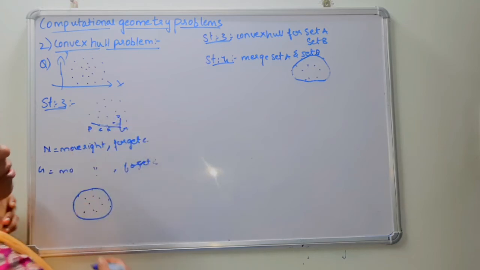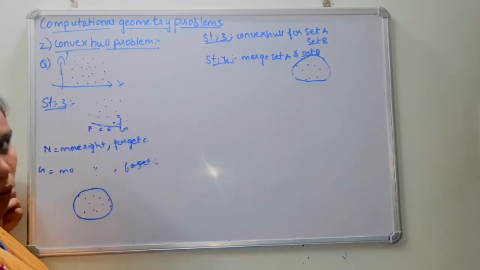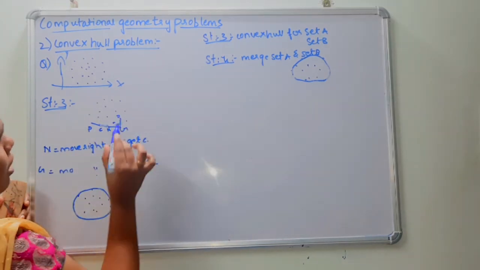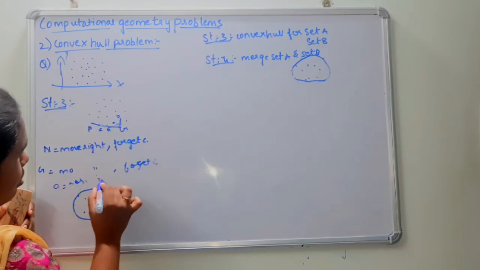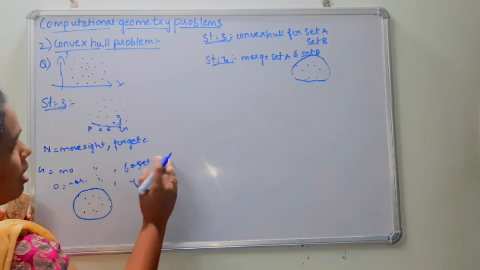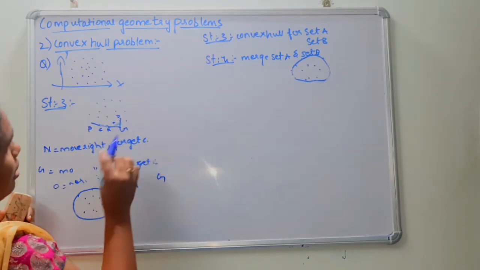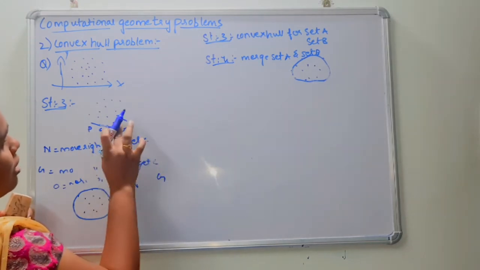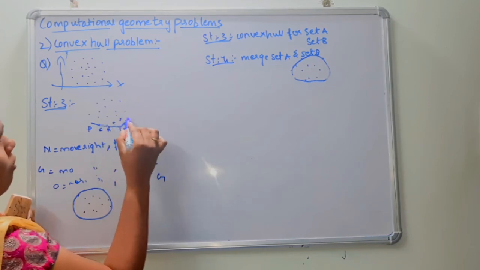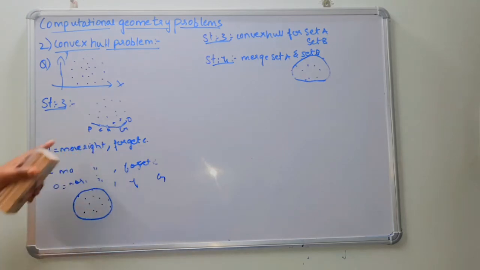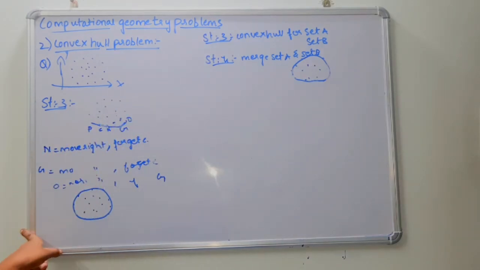Let us think this is O. As this is not our point, we have to get the convex hull. Then O should move right and forget G, and the point will come here. Like this we form the convex hull for the given points present in a plane.